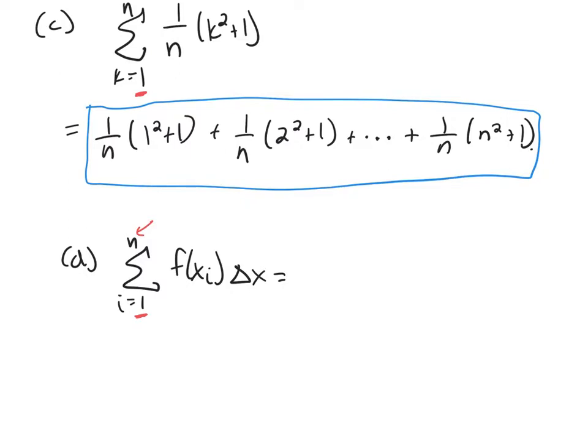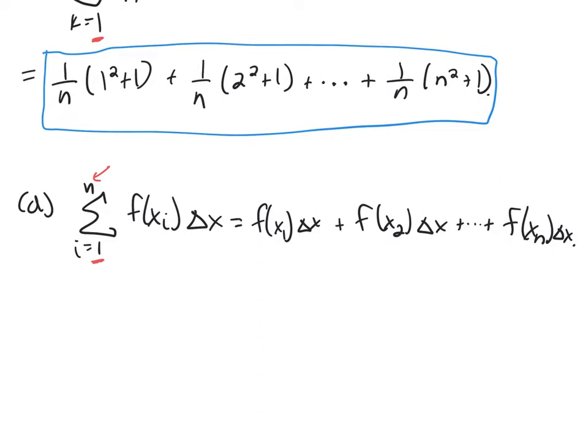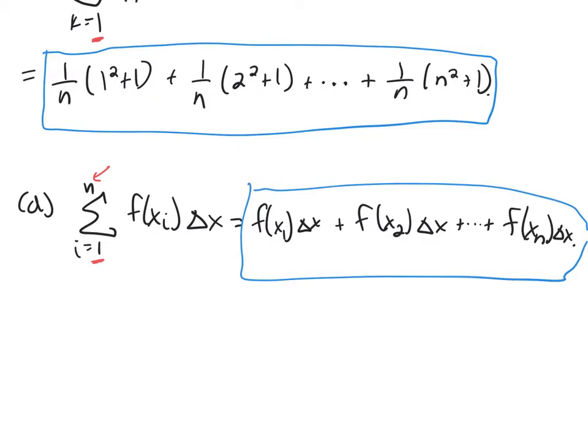So you're going to plug in 1: f of x1 delta x, plus f of x2 delta x, and you keep going until you plug in the final value, which is n, so it'll be f of xn delta x. And that would be the summation. Again, it's not a specific value here, but we start with our lower bound of 1 and build up to our upper bound of n.